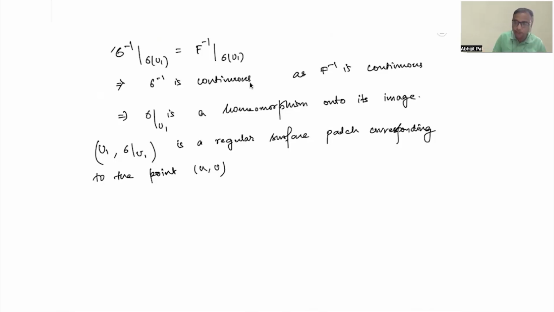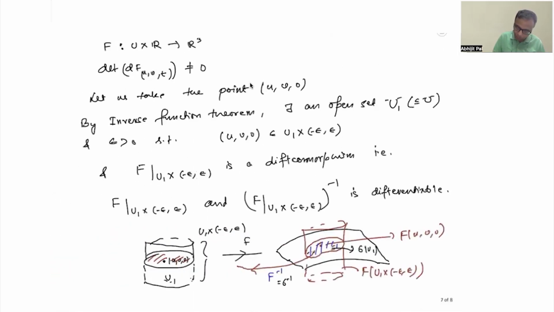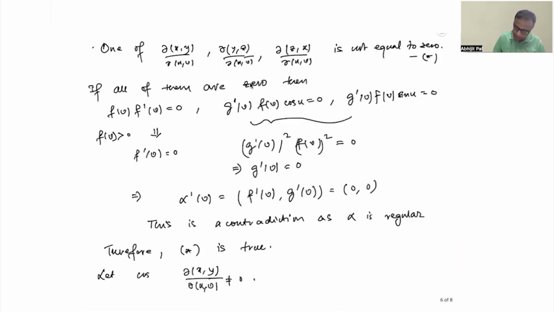Another thing, let me say this. Here we have assumed that del xy del ub is not equal to 0.